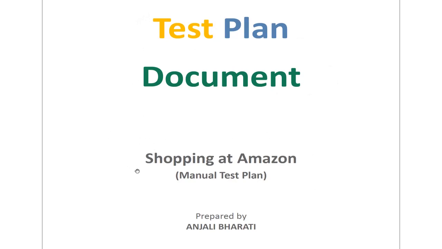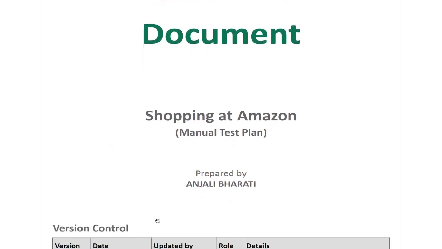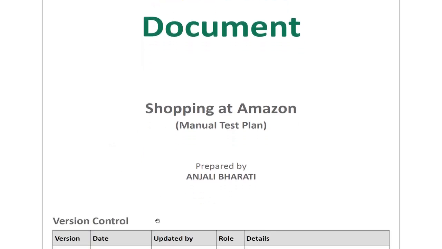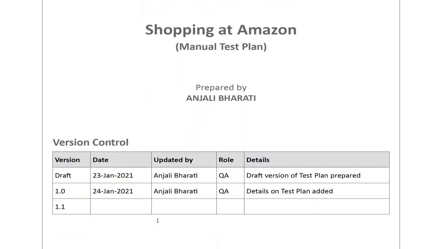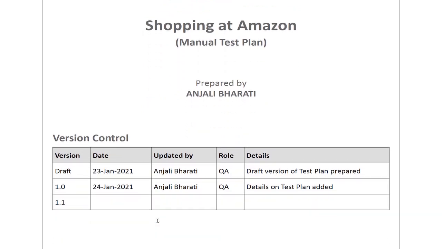You are making a test plan of which project or which feature of your application, and who prepared it, who will prepare this one, and the version control. In this version control you can write who will perform, who will write that test plan.